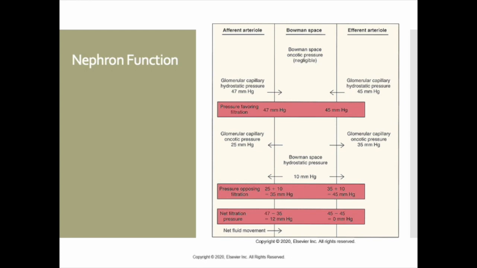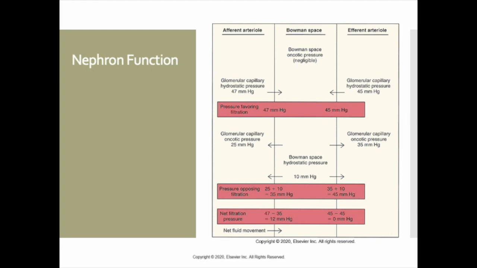We're thinking about it in terms of its relationship to water. Now, because the fluid in the Bowman space usually contains only very small amounts of protein, it doesn't have any oncotic influence, right? Because this oncotic pressure comes from plasma proteins.